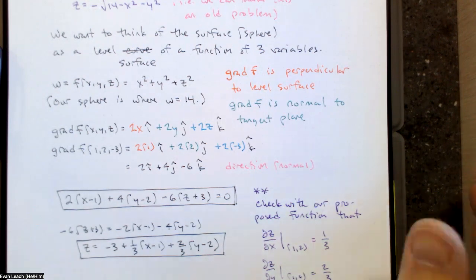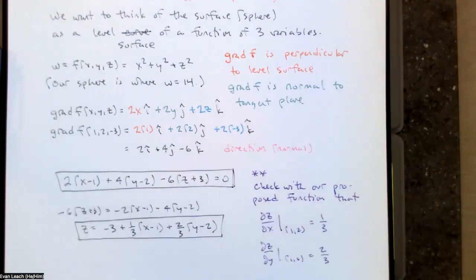So we would want to check that that is consistent with what we had proposed before. That's what we would do if we wanted to think of this in terms of an old problem, in terms of the function. But the new thing today is that we want to look at this equation in 3 variables as a level curve of a function of 3 variables. Sorry, a level surface of a function of 3 variables.